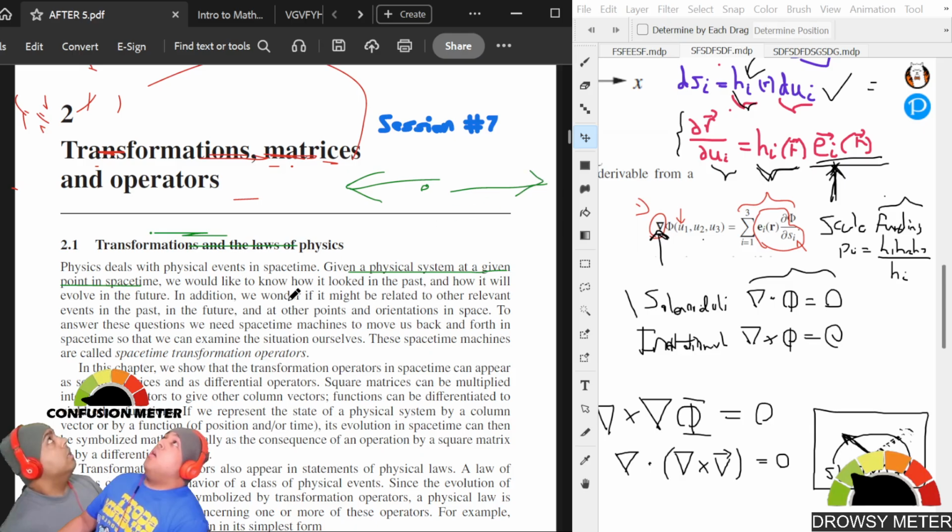In addition, we wonder if it might be related to other events in the past, future, and at other points and orientations in space. To answer these questions, we need spacetime machines to move us back and forward in spacetime so we can examine the situation ourselves. These spacetime machines are called spacetime transformation operators.